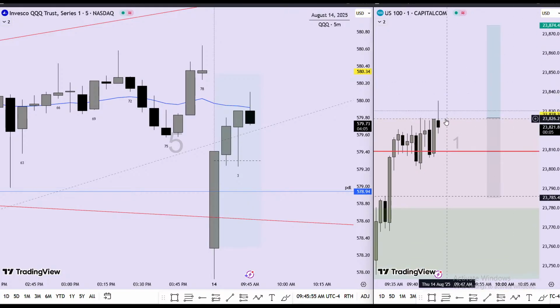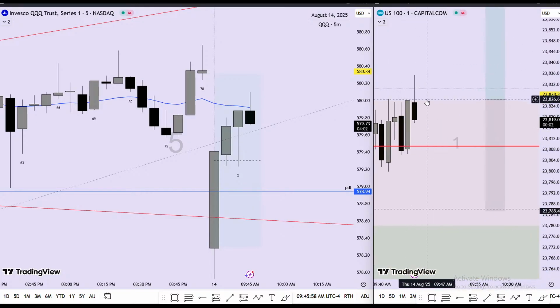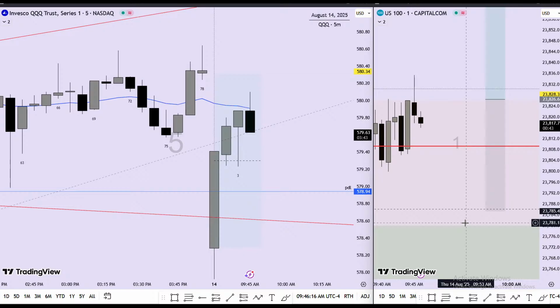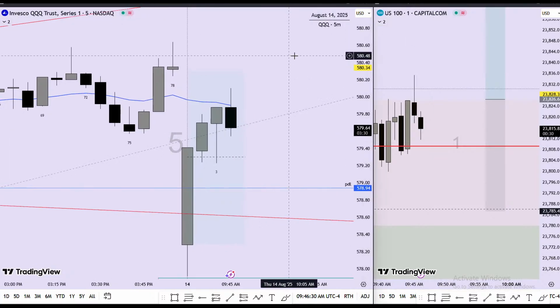I need a closing above this range for me to enter. Let's see if the moving average can hold price.